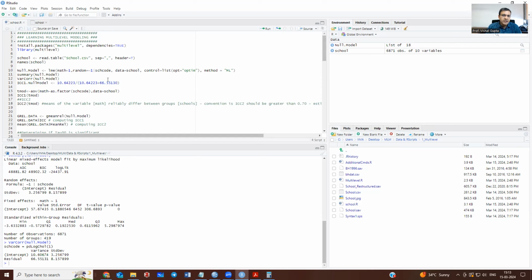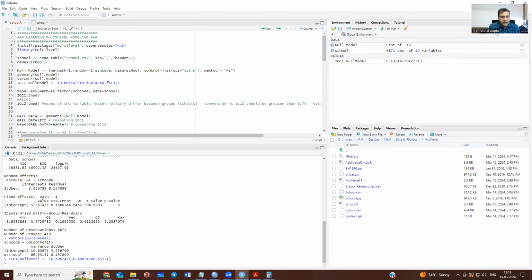Because yesterday we had written this for REML. So let us change this number. Now we are getting it using the maximum likelihood, so there is a slight difference because we have changed the method of estimation. So 10.60674 plus 66.5131.